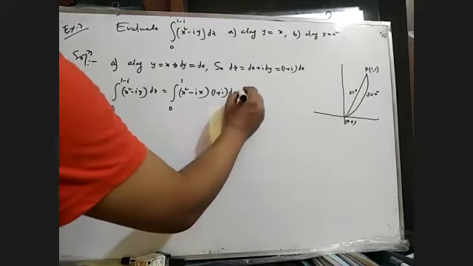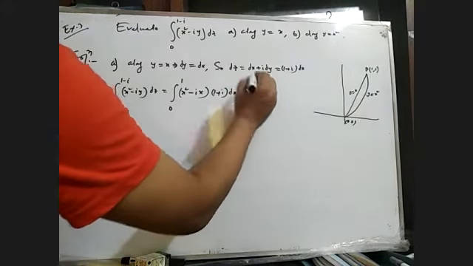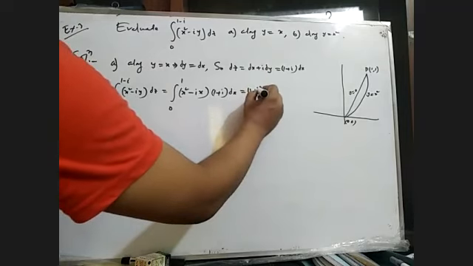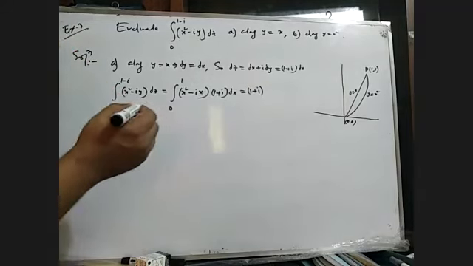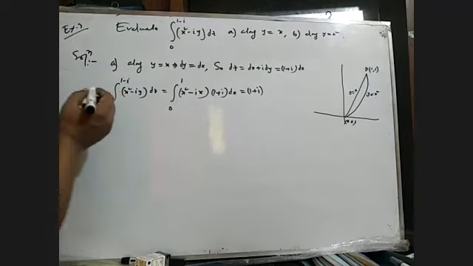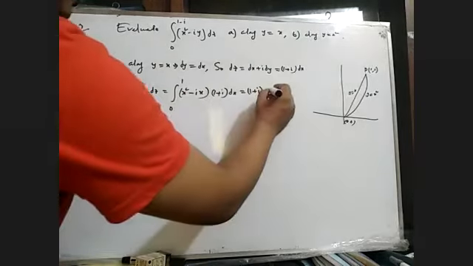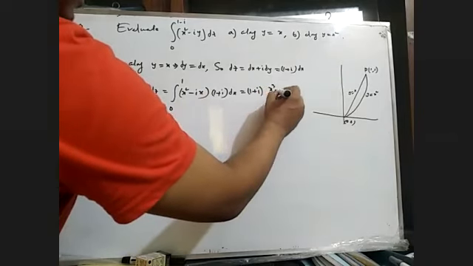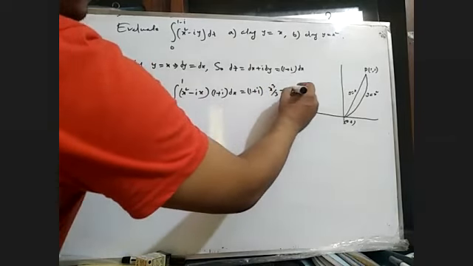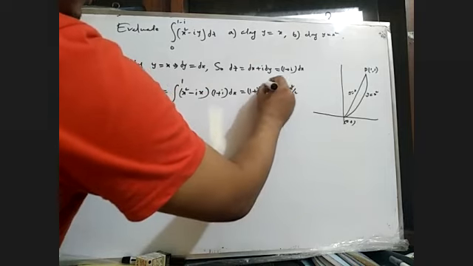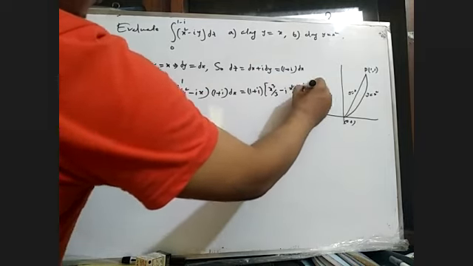So here 1 plus I is the constant. So there is no need to take integration of that. So x square integration what will be? X cube by 3 minus I, x integration what will be? X square by 2, and 0 to 1.